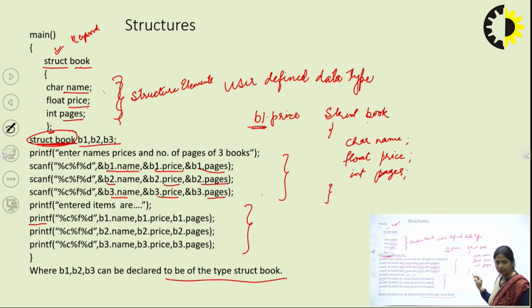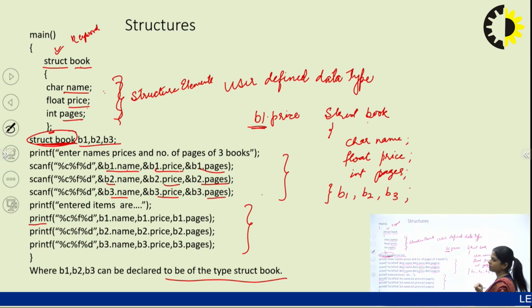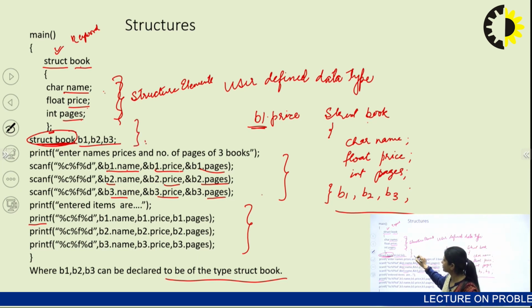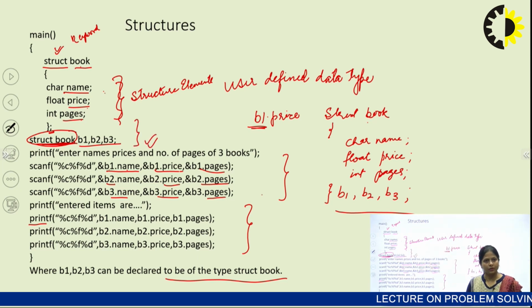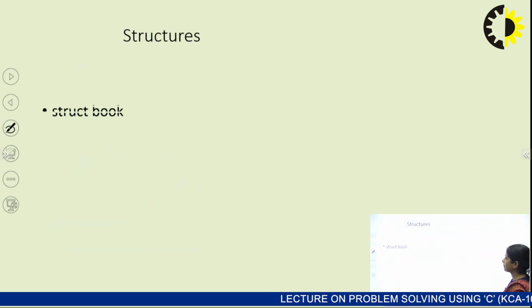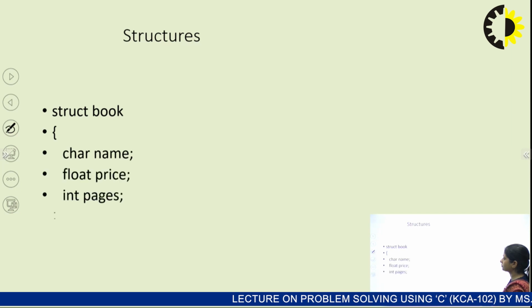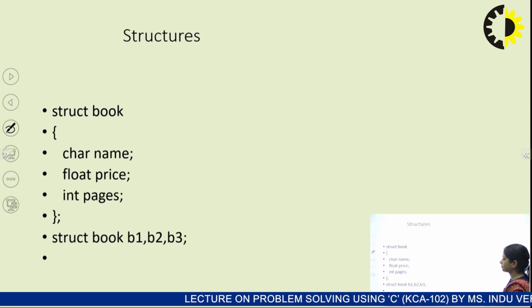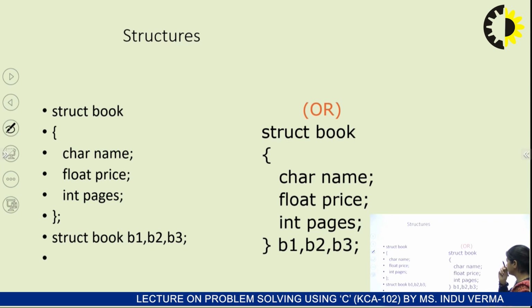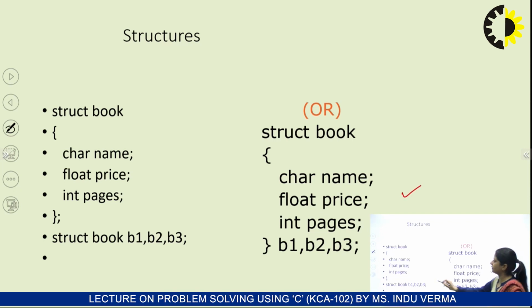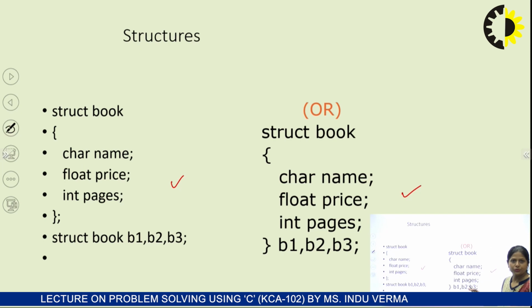Now, closing curly brace, then declare the structure variables, say b1, b2, b3, and then place a semicolon. This will work exactly like this, right? So, there are a number of ways to declare the structure variables. Fine, or like this. There are these two ways which we have discussed.